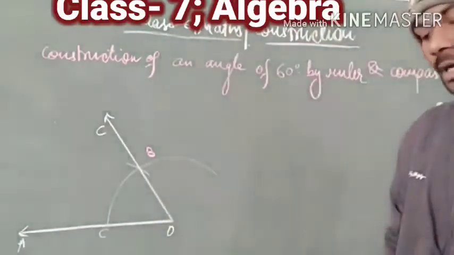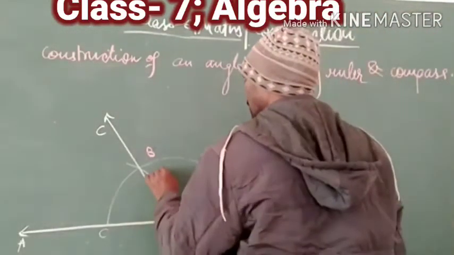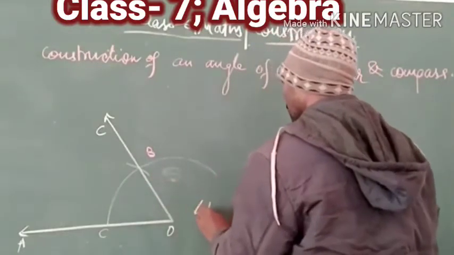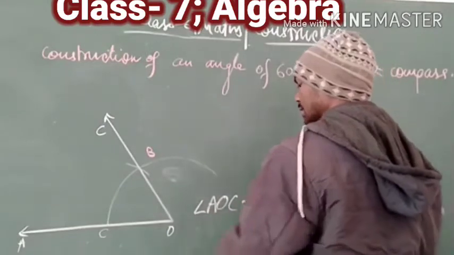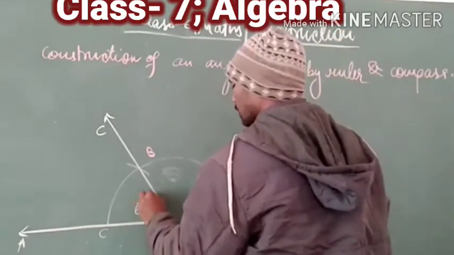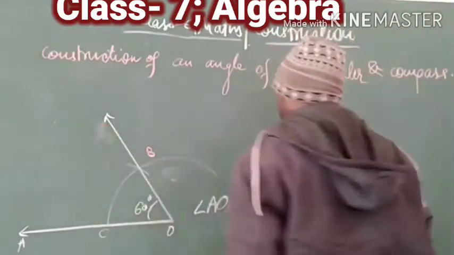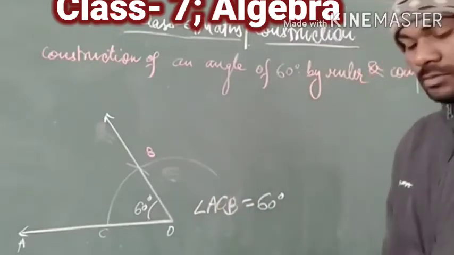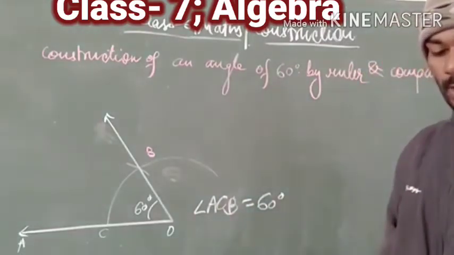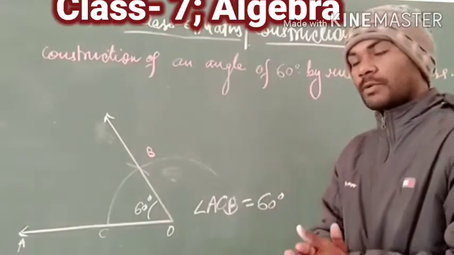Therefore, the angle that we get, angle AOB, is equal to 60 degree. AOB is an angle of 60 degree. Okay students, I hope that it is clear to everyone.